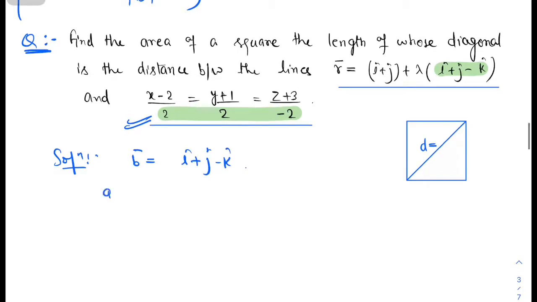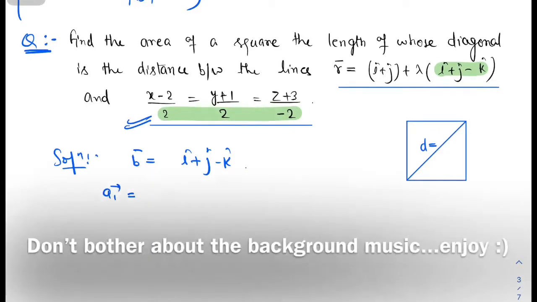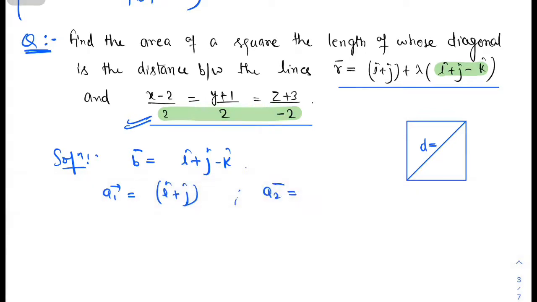What is A1 vector? A1 is the position vector of a point from which line 1 is passing, and that is i plus j. What is A2? A2 is nothing but the point from where line 2 is passing, and line 2 is passing from 2i cap minus j cap minus 3k cap.